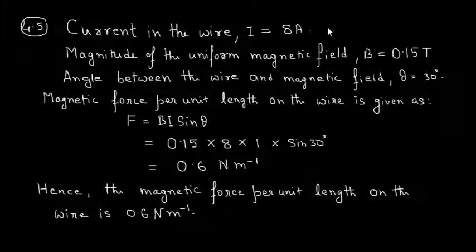So current in the wire, which is given in the question, I is equal to 8 ampere. Magnitude of the uniform magnetic field B is equal to 0.15 T. Angle between the wire and the magnetic field θ is equal to 30°. Magnetic force per unit length on the wire is given as F = BI sin θ.